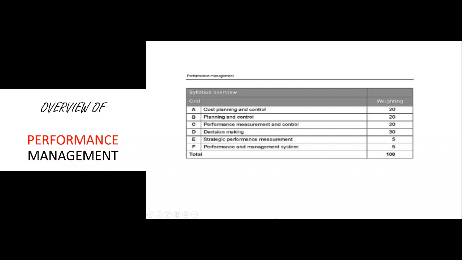The E part is strategic performance measurement, weighted 5%. And last but not the least is the performance and management system, and we will see that it makes up a total of 100%. So the syllabus is 100%.